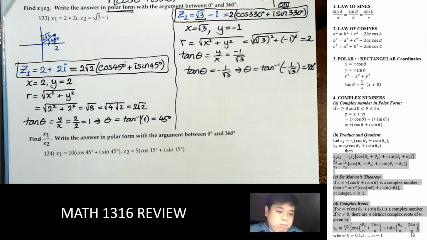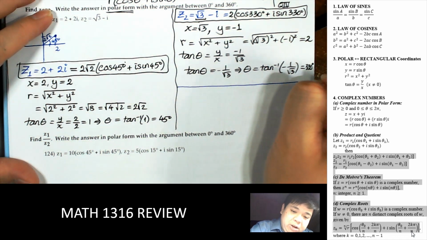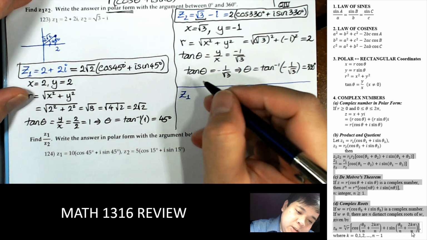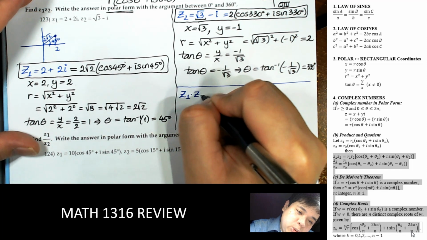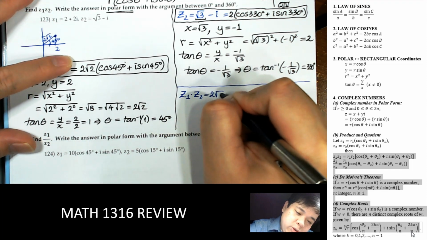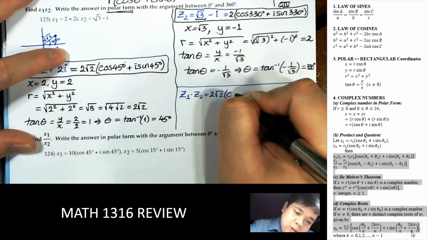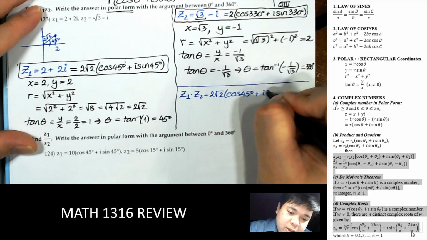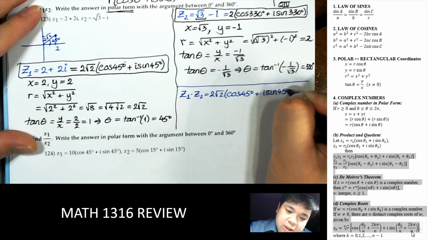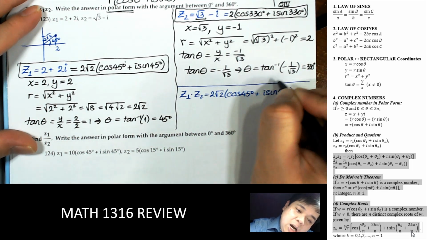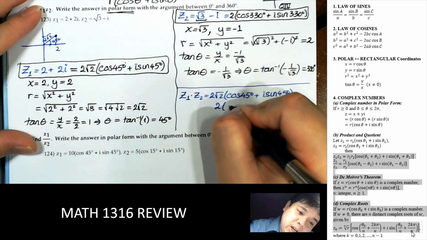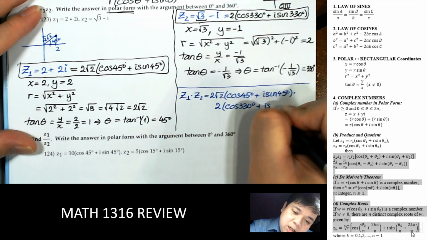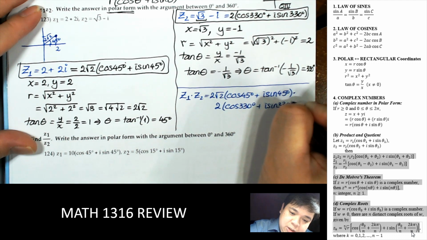Right, now the product of those two will be very easy to do. So z1 times z2 is 2 square root of 2 cosine of 45 degrees plus I sine of 45 degrees times, I'll run out of space, so I have to write that below here, cosine of 330 degrees plus I sine of 330 degrees.